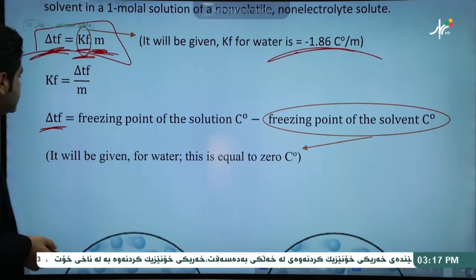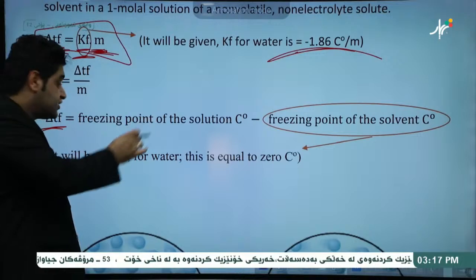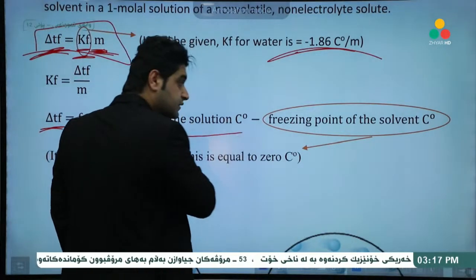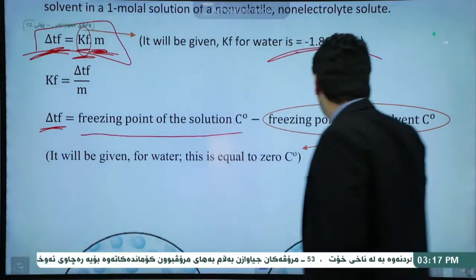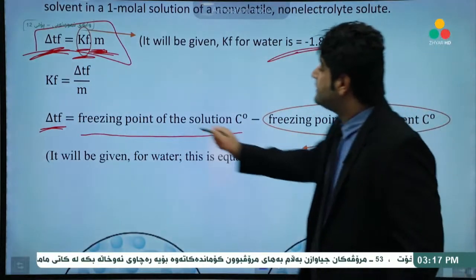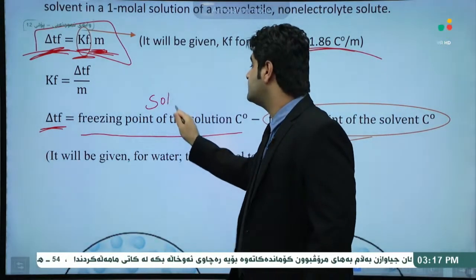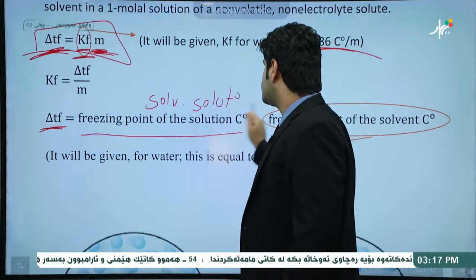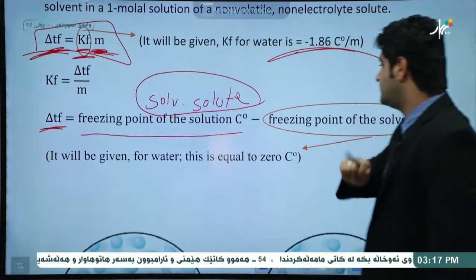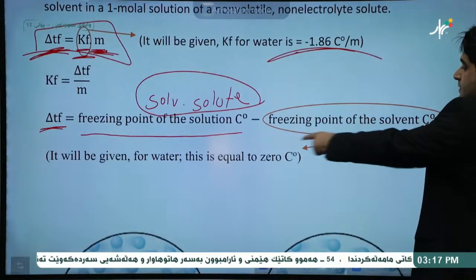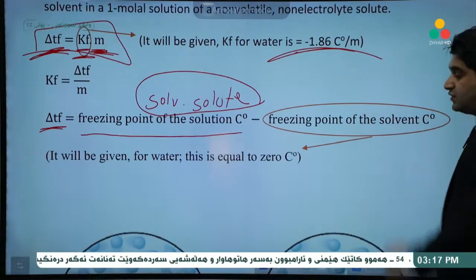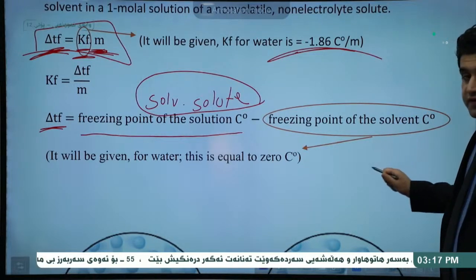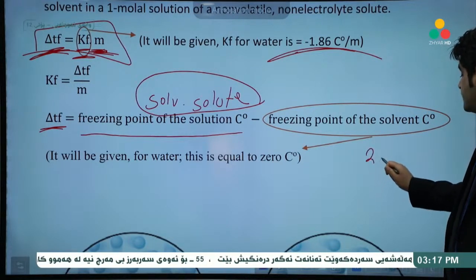We have another equation for delta Tf. According to the definition, delta Tf is equal to the freezing point of the solution minus the freezing point of the pure solvent. The solution is solvent plus solute, but this is the freezing point of the solvent. If the solvent is water, the freezing point is 0.